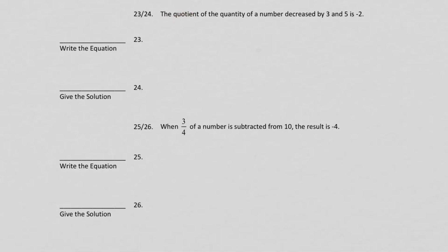The quotient, so I'm looking for "and." There's my "and." So the quotient of the quantity of a number decreased by 3 and 5. Then we have is negative 2.